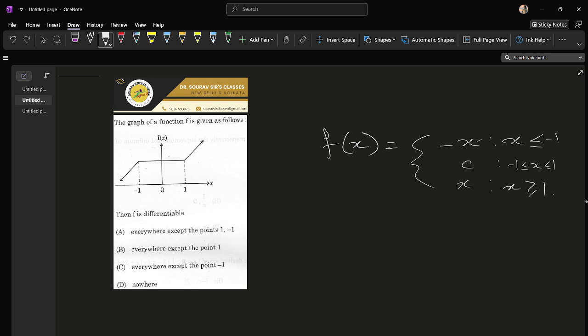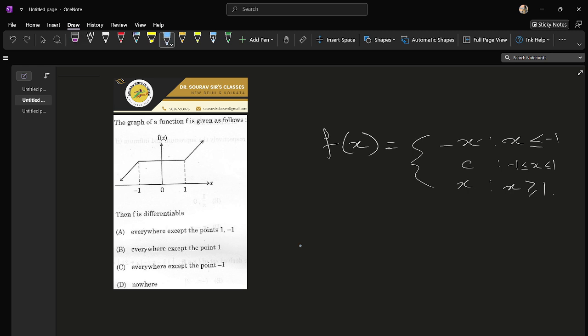But we can easily see that at those points, that means x equals 1, that means this point, I think this color will be visible, at that point or at that point we have two hinges, that means a cusp or something. So at that point our function will not be differentiable if there is this type of cusp.